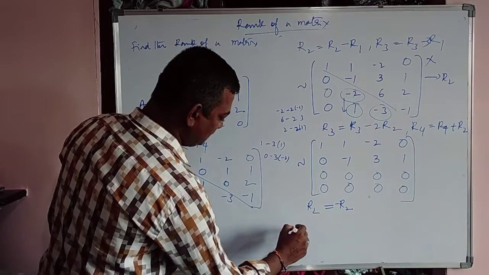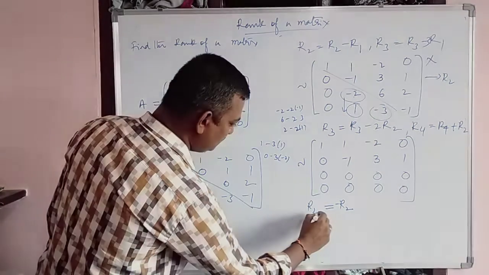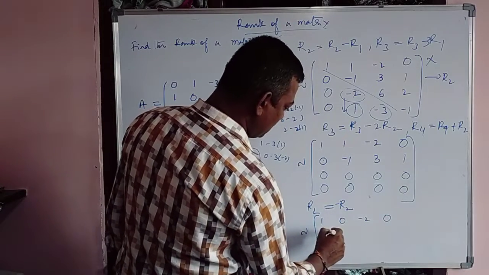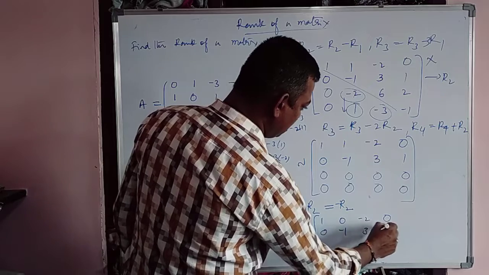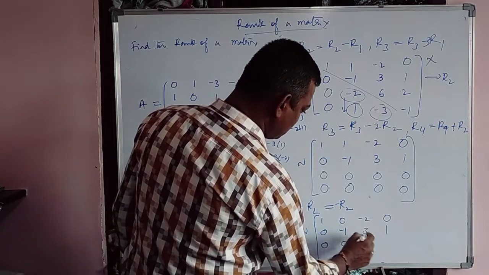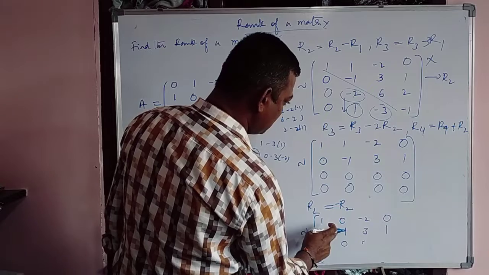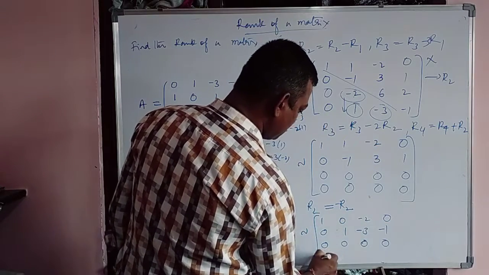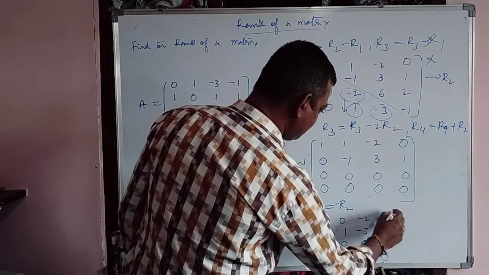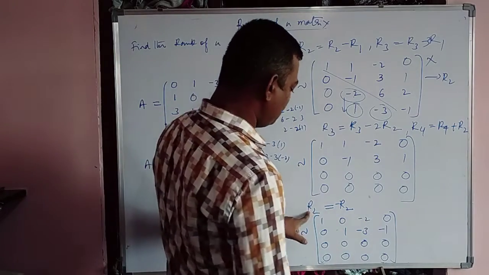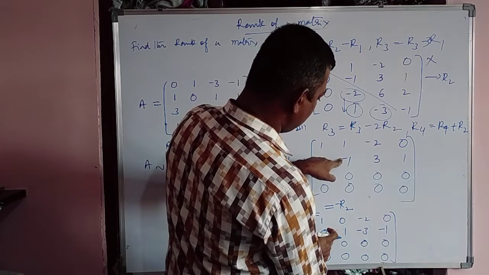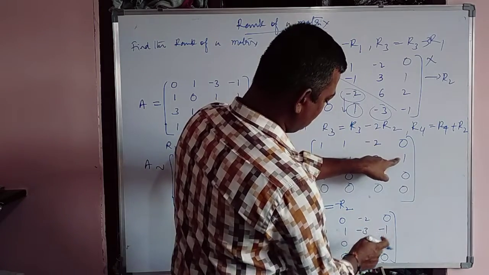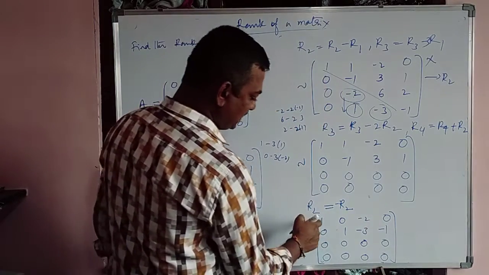So now it is equivalent to: 1, 1, minus 2, 0, then 0, 1, minus 3, minus 1, then the zero rows: 0, 0, 0, 0 and 0, 0, 0, 0. I am applying the multiplication only to the second row: the minus becomes plus, 3 becomes minus 3, and 1 becomes minus 1.